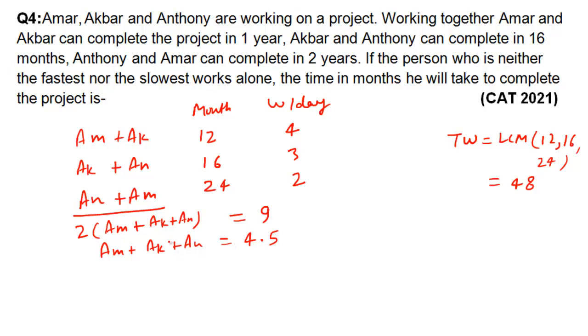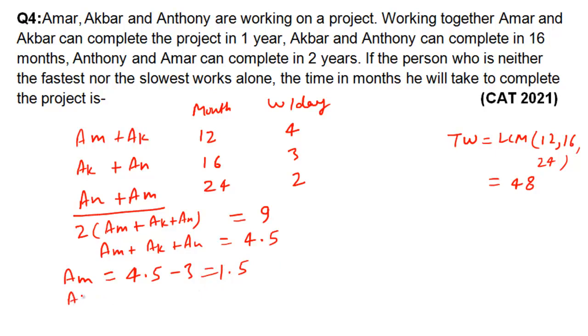So with the help of this and these three equations, we can find how much Amar is doing per day. So in order to find out Amar, we can subtract Akbar plus Anthony. So 4.5 minus 3, that is 1.5 work per day.